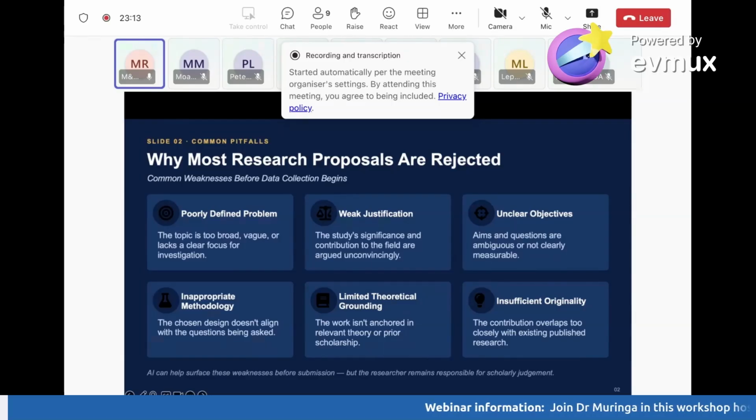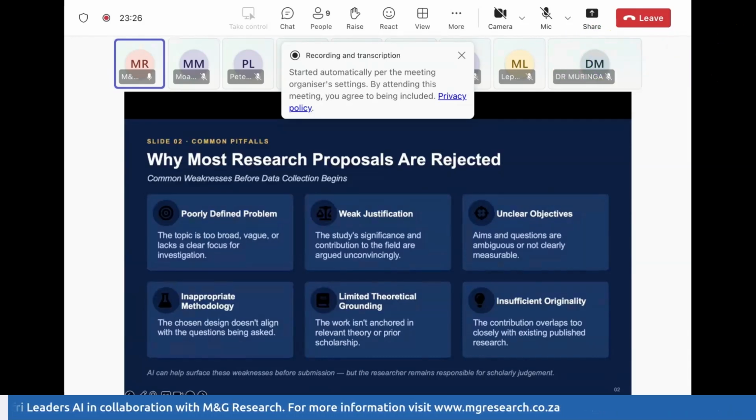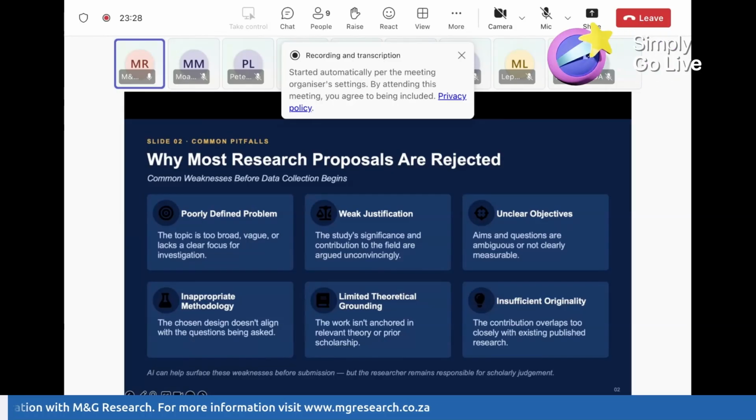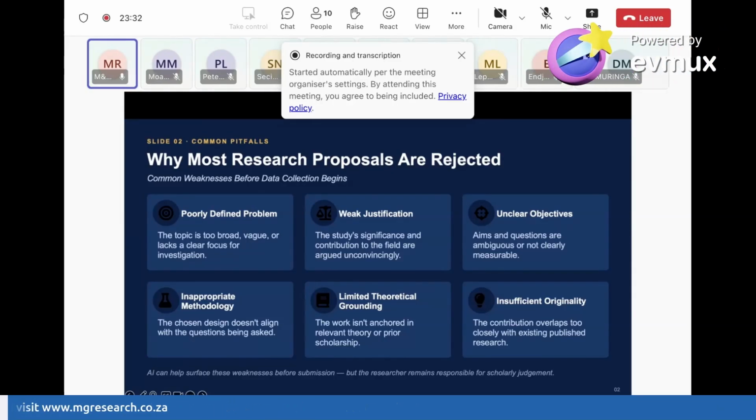Then another one is limited theoretical grounding. The work isn't anchored in any way to the relevant theory or prior scholarship. And also insufficient originality. You see that there is really no originality in the work and in the approach that the student or the researcher is trying to achieve.